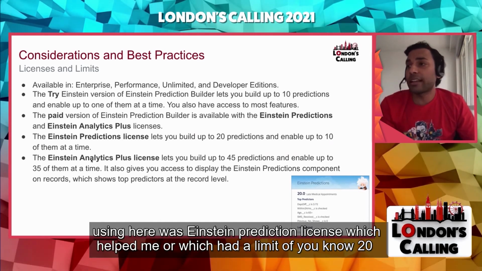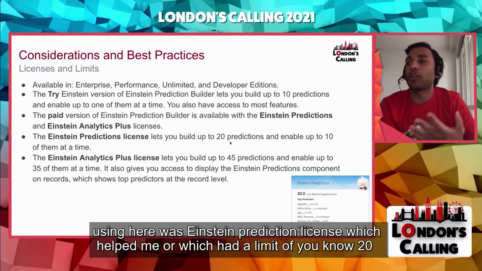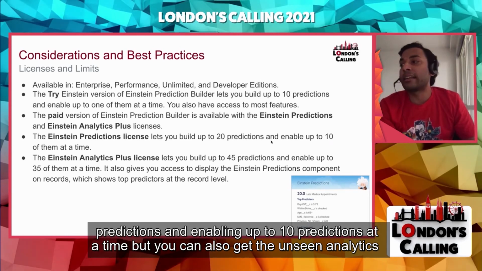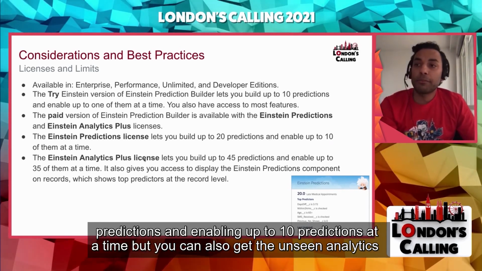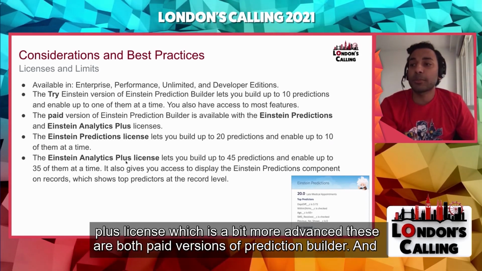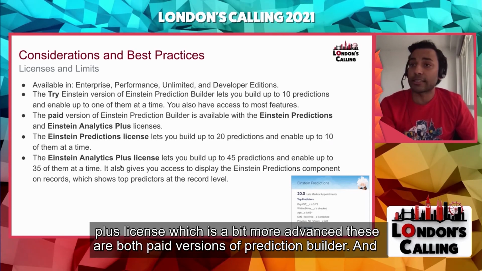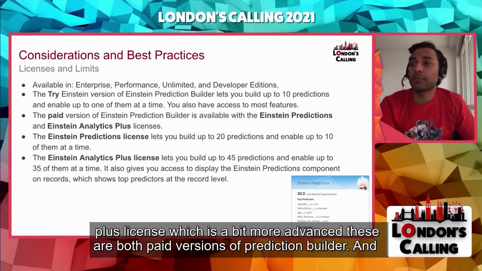What I was using here was the Einstein Prediction license, which had a limit of 20 predictions and enabling up to 10 predictions at a time. But you can also get the Einstein Analytics Plus license, which is a bit more advanced. These are both paid versions of Prediction Builder.